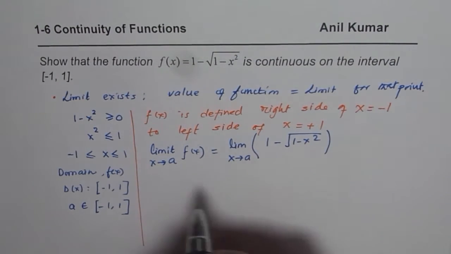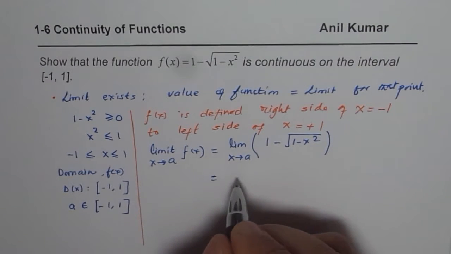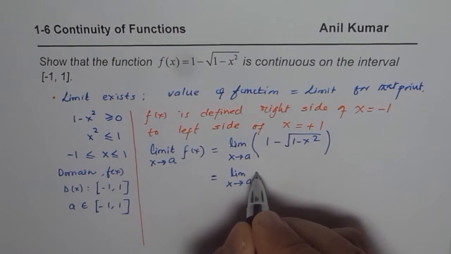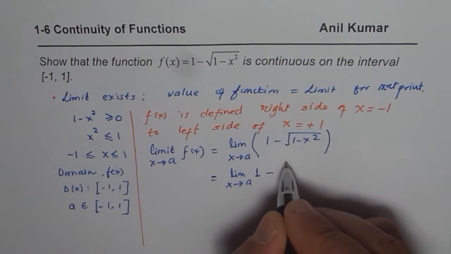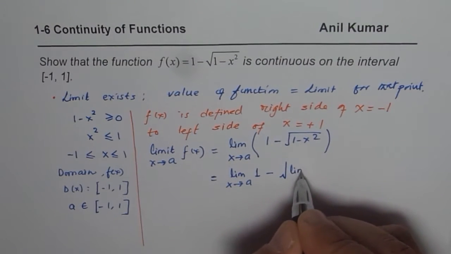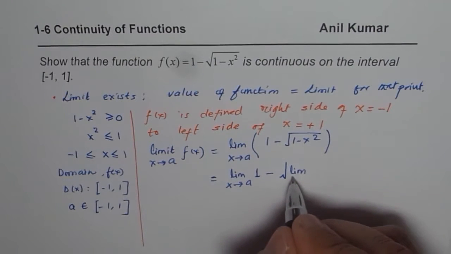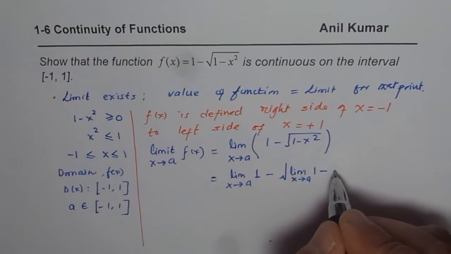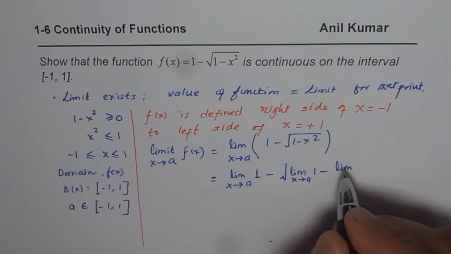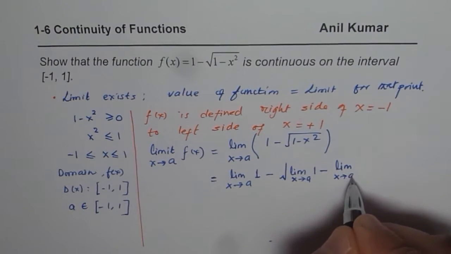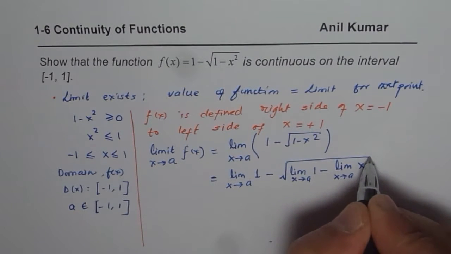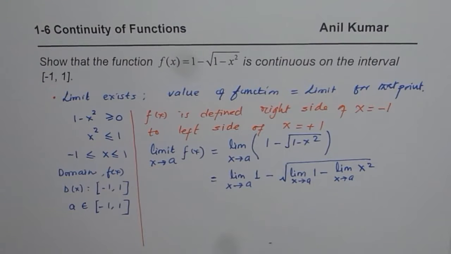Using the properties of limit, we could write this limit as 1 minus the square root of 1 minus the limit as x approaches a of x squared. So that is how we can write it using the properties of limit.